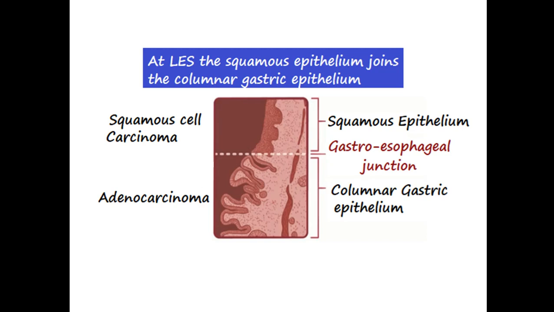As we can see in the diagram on the slide, squamous cell carcinoma is the cancer that arises from the squamous epithelium, while adenocarcinoma arises from the glandular epithelium, which consists of columnar epithelial cells and mucus secreting goblet cells.